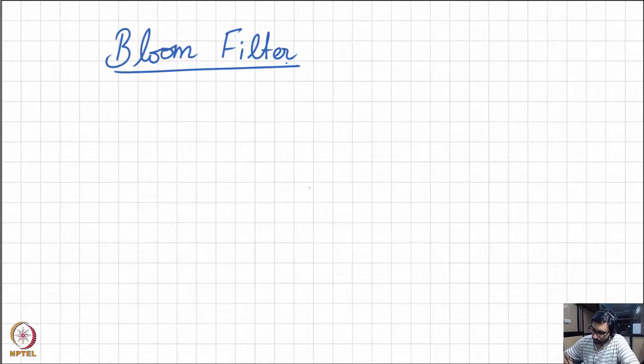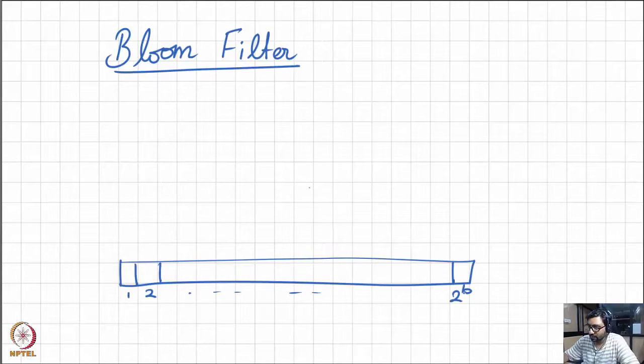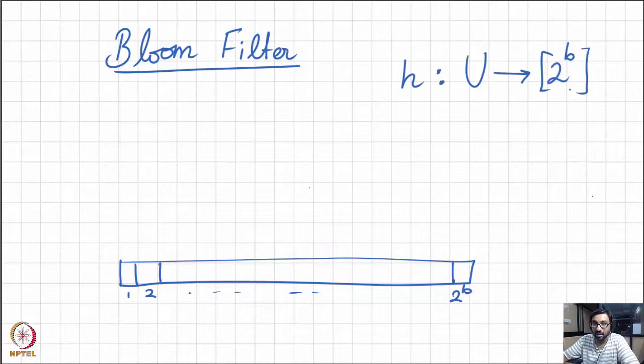Let us say that we have a binary array of 2 raised to the b cells, and a hash function h that takes elements from the universe and maps them to indices ranging from 1 to 2 raised to the b.